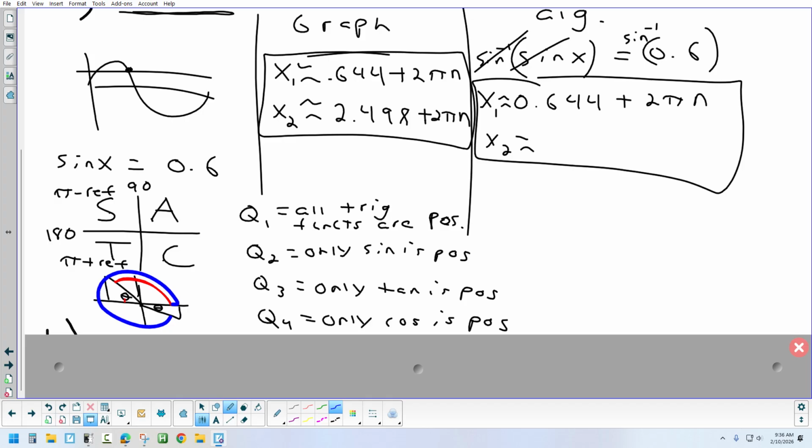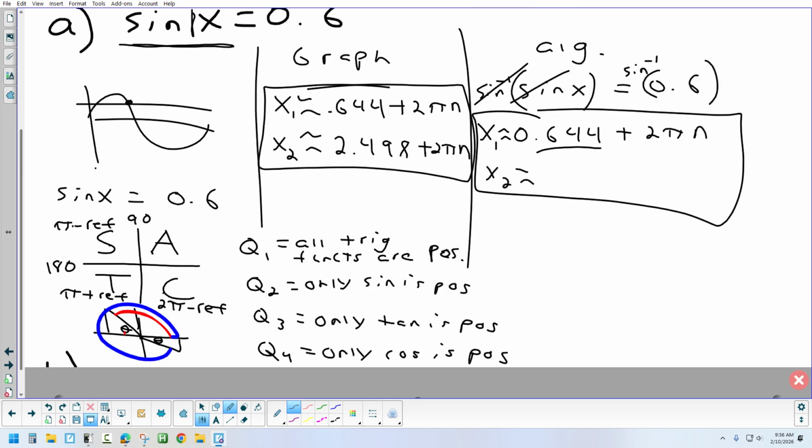What would you do in quadrant 4? 360 minus the reference. Yep, it's basically all the way around, but then you back off the amount of your reference angle. So 360 minus the reference angle. So those formulas I gave you before, but I didn't give you the ASTC. Now, combining those two together gives us a very, very fast way to get the second answer to this problem after we already have the first answer.